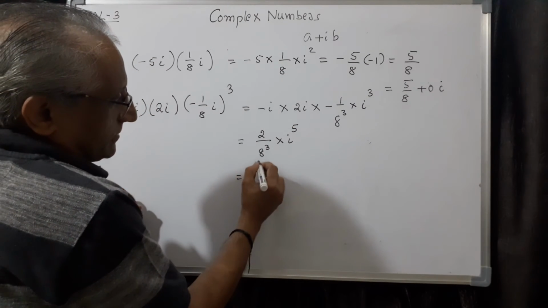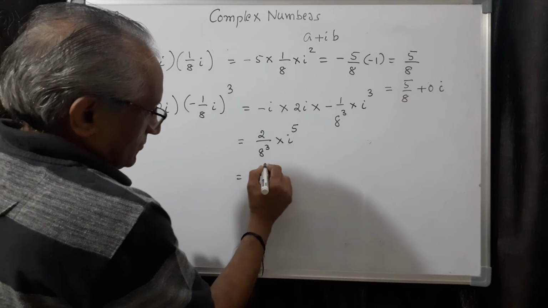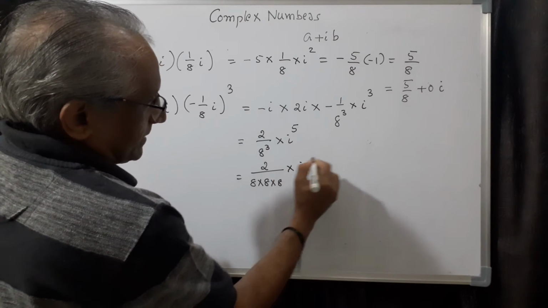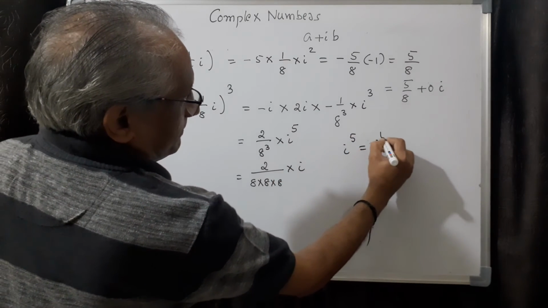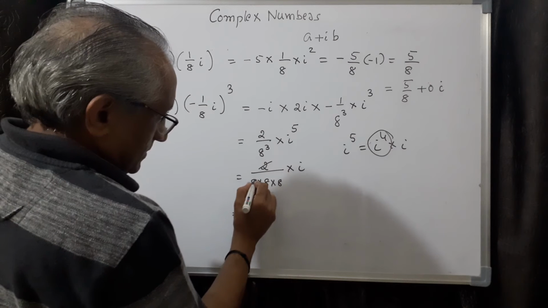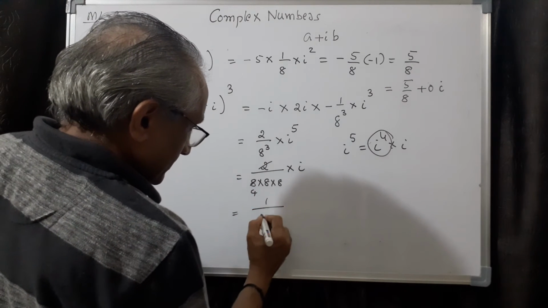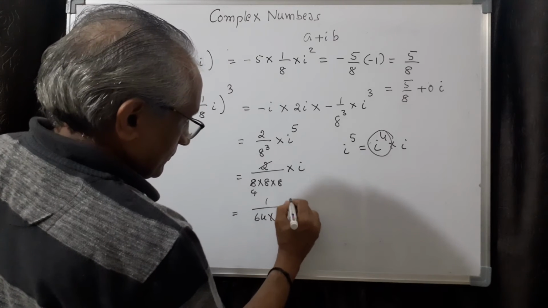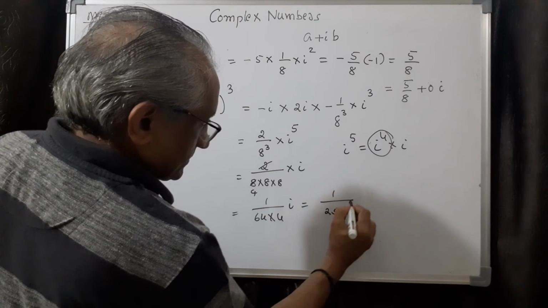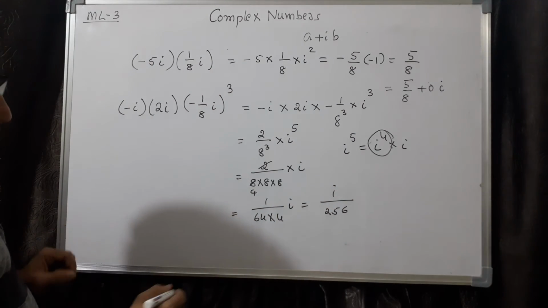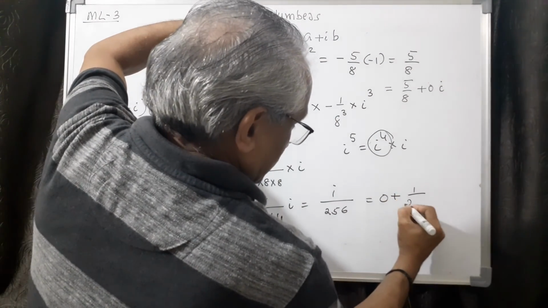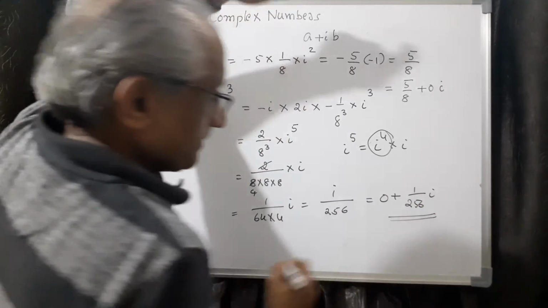You can simplify this: 2 by 8 into 8 into 8 into i, because i power 5 is i power 4 into i, and i power 4 is 1, so i. Then 2 by 64 into 8 is 1 by 64 into 4 into i. Last simplification, 1 by 256 i. Now if you want to write this in this form, this is 0 plus 1 by 256 i. So this is the answer.